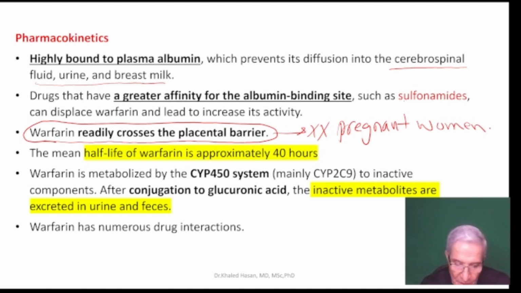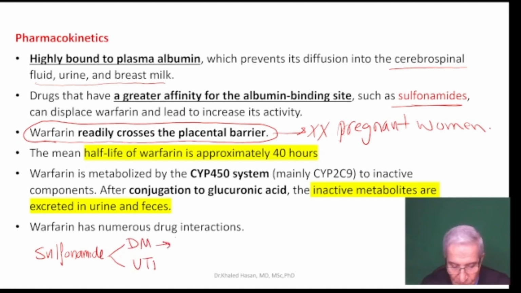It has high affinity for binding, like the sulfonamides. When you talk about sulfonamides, this could be diabetes medication or UTI, urinary tract infection medication.